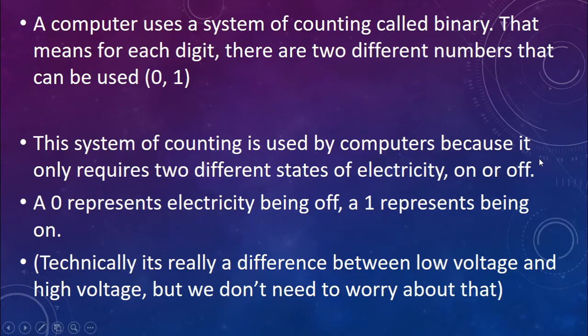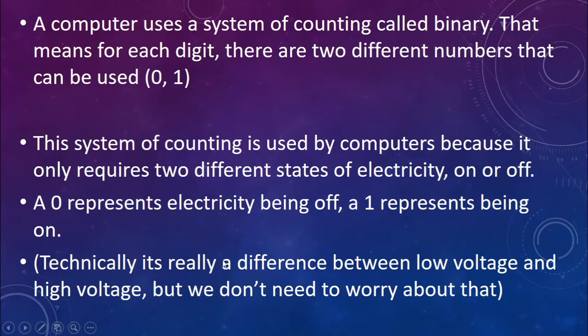So just like a switch, or in Minecraft, a lever has either it's on or it's off, a computer uses zeros and ones because you can represent 0 as being the off state and 1 being the on state.